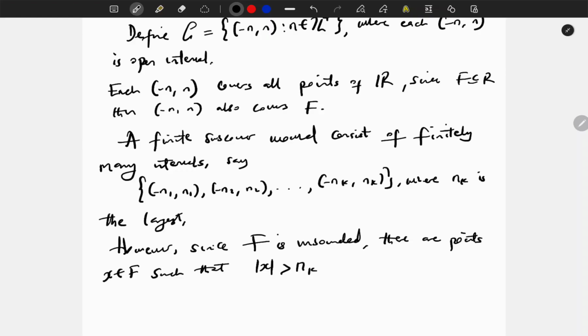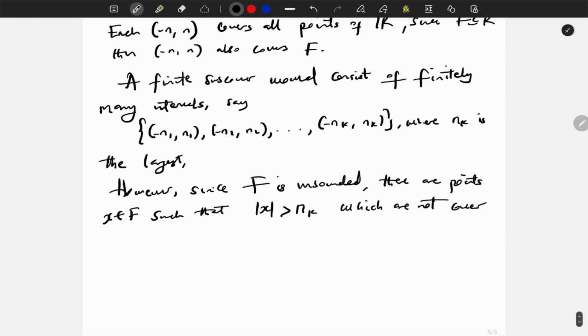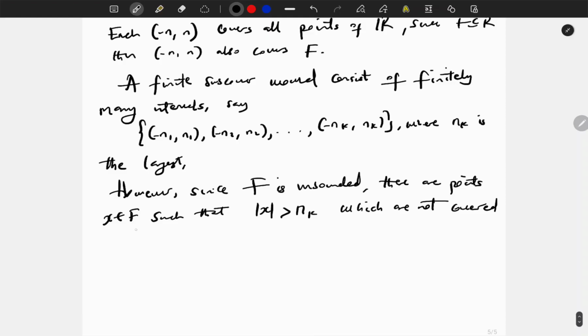So it will not be covered by this finite subcollection, and that contradicts our assumption.